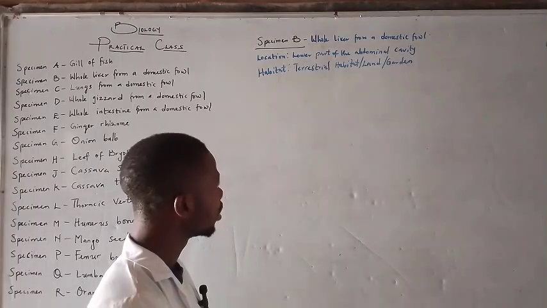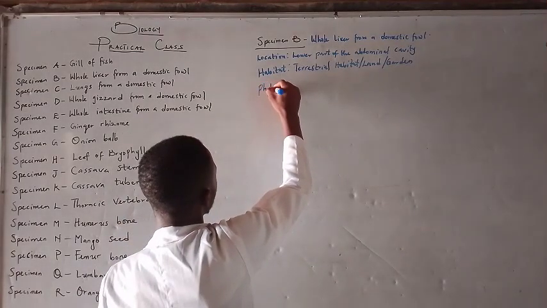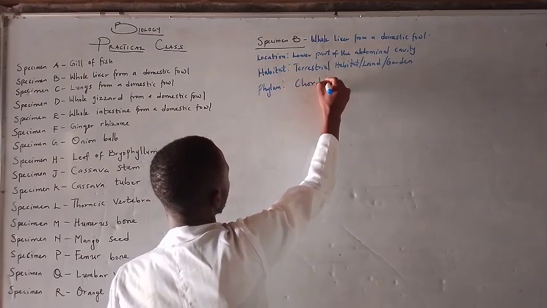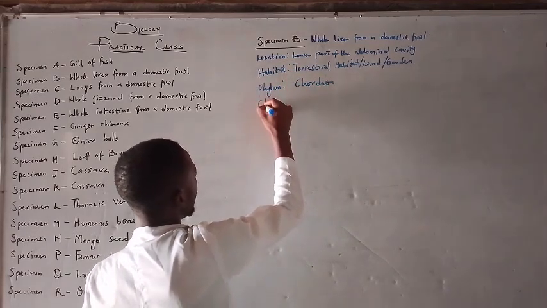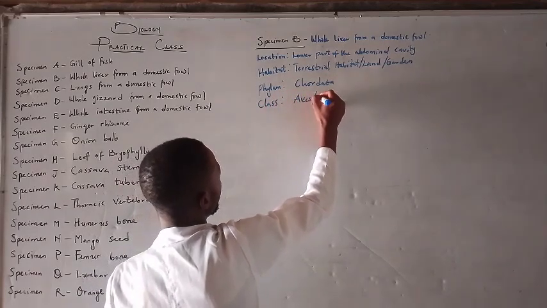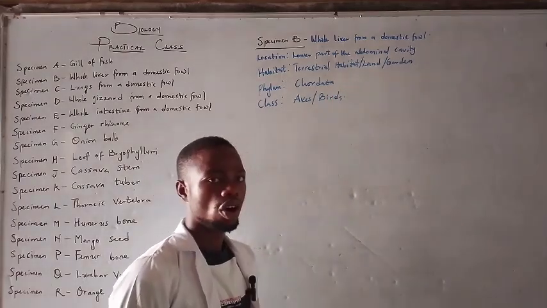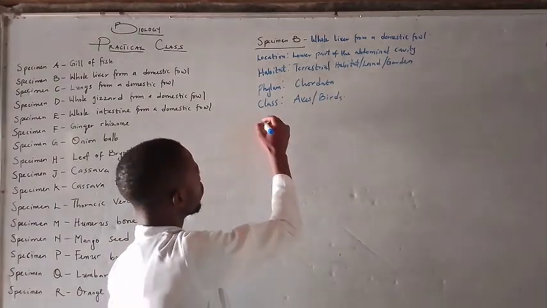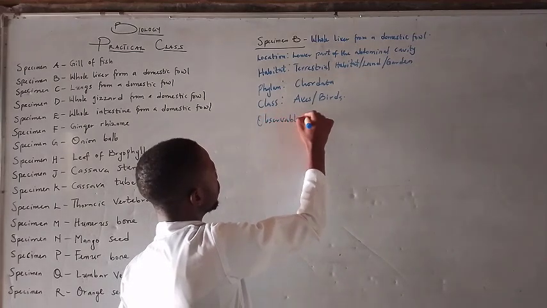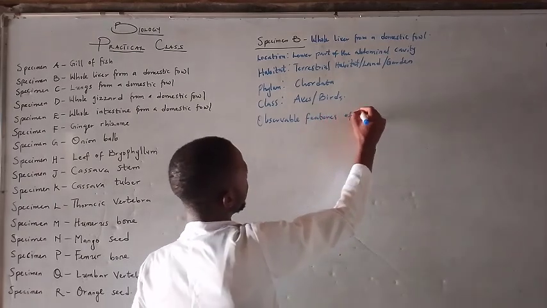Let's talk about the phylum, that is Chordata. Class, Aves, or birds. Observable features of the specimen.